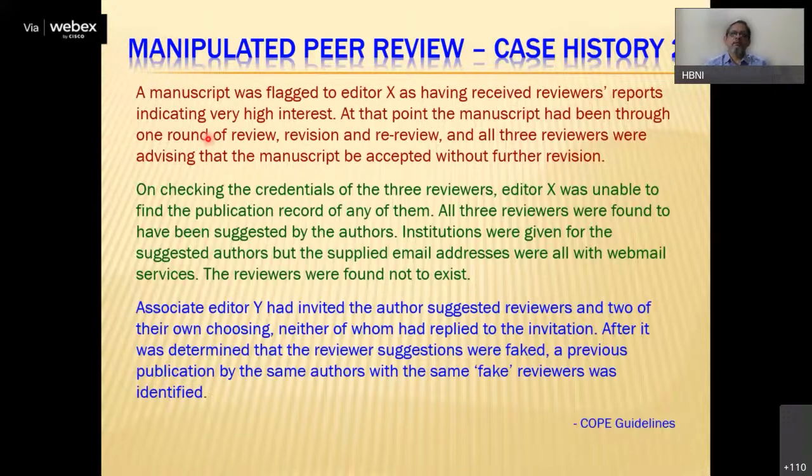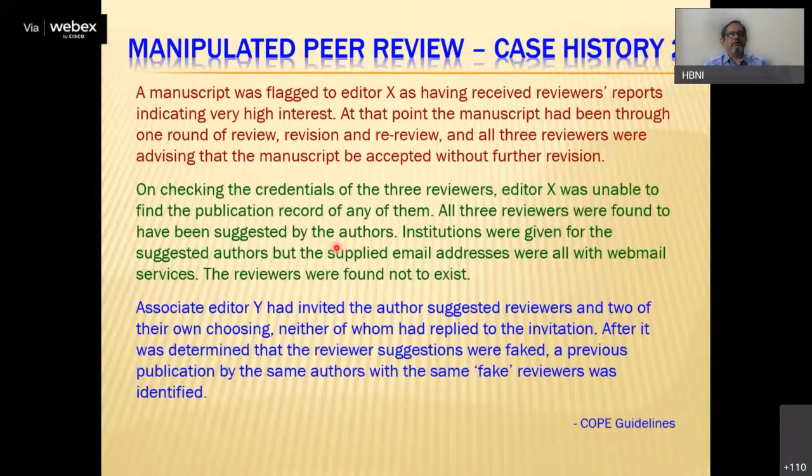At that point, the manuscript had been through one round of review, revision, and re-review, and all the three reviewers were advising that the manuscript be accepted without any further revision. So then what happened? On checking the credentials of the three reviewers, the editor X was unable to find a publication record of any of those reviewers. And all the three reviewers were found to have been suggested by the authors.